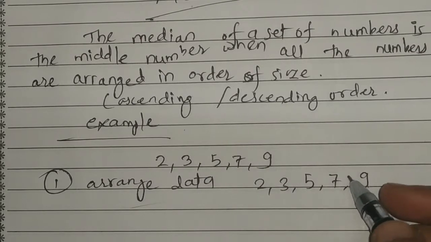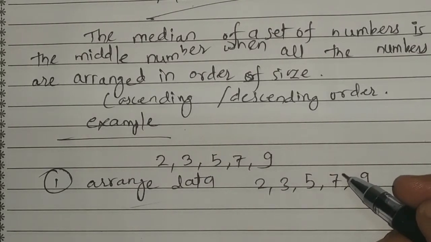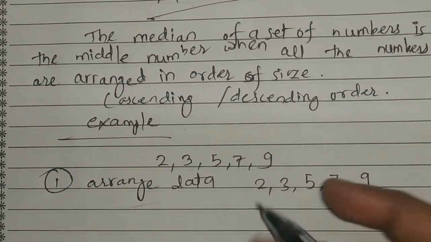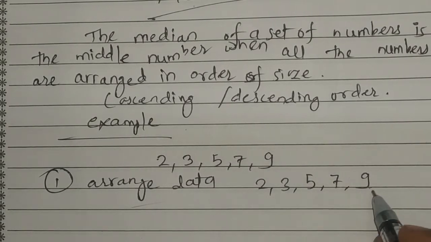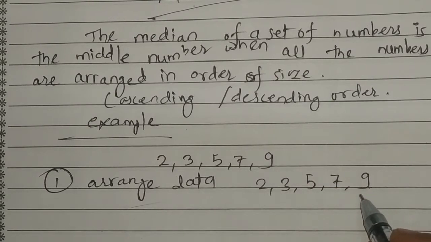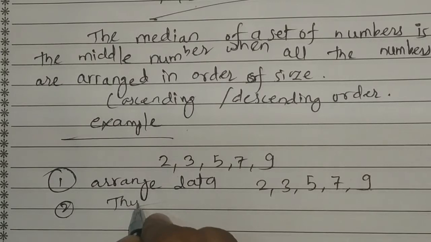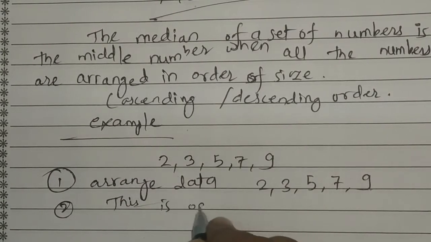Now what we have to do next is just count the number of data, here the number of marks in the spelling test. We'll count them: 1, 2, 3, 4, 5. So you can see the 5 here is an odd number. So this is odd data.